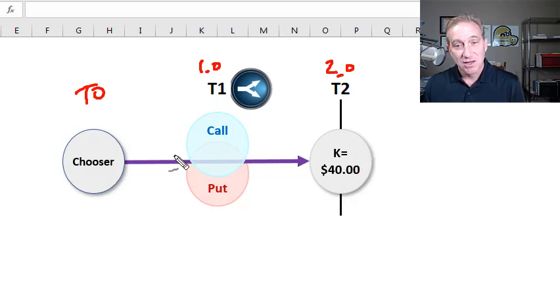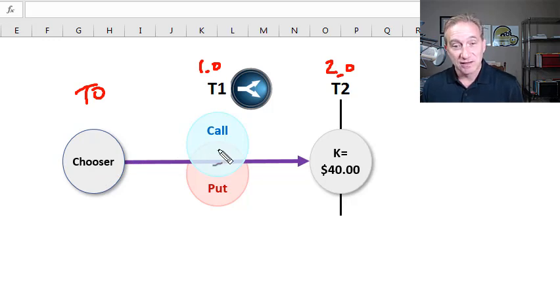The difference with this chooser option is that at some pre-specified date before maturity, we get to choose whether this chooser option is a call or a put. That's the difference. For example, if at T0 we purchase the chooser option, and in my case T1 is 1 year, we get out to 1 year and we get to decide if it's a call or a put.